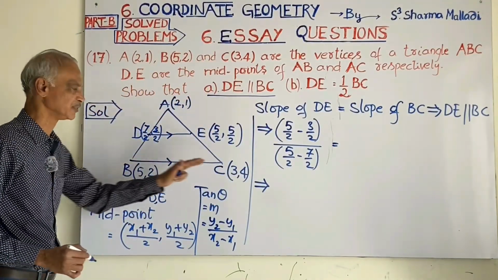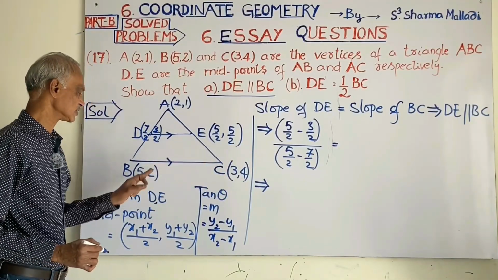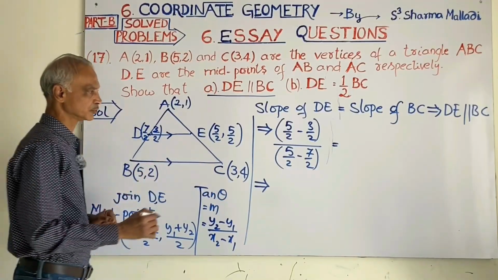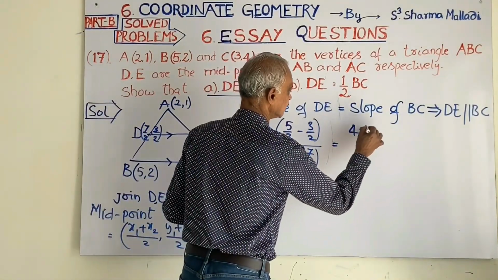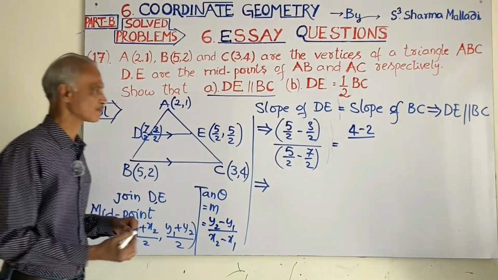Slope of BC. What is the slope of BC? (y2 minus y1)/(x2 minus x1): 4 minus 2, divided by 3 minus 5.